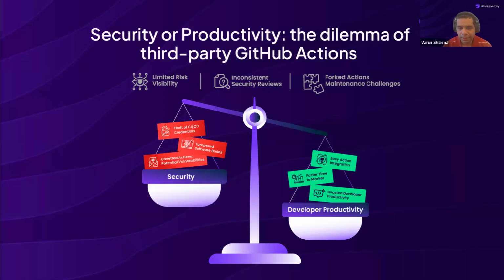The security team here really doesn't have a good option, because they can either allow the use of these third-party actions and accept the risk, or they can deny the use of these actions, but then it will hamper developer productivity. In some situations, they also fork these actions to try to reduce the risk, but that leads to a lot more work in maintaining those actions.